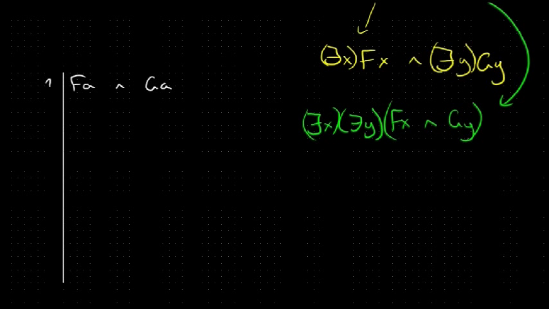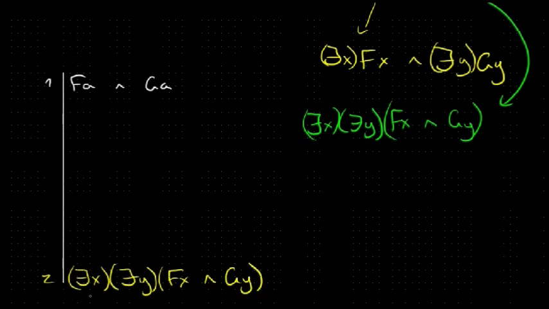In order to know the method we're going to use, we need to have in mind what our conclusion is. Let's say our conclusion is there exists an X such that there exists a Y such that Fx and Gy, in this configuration.